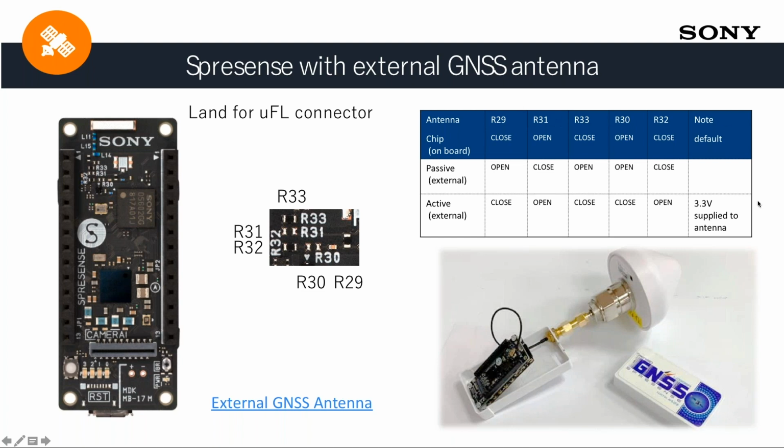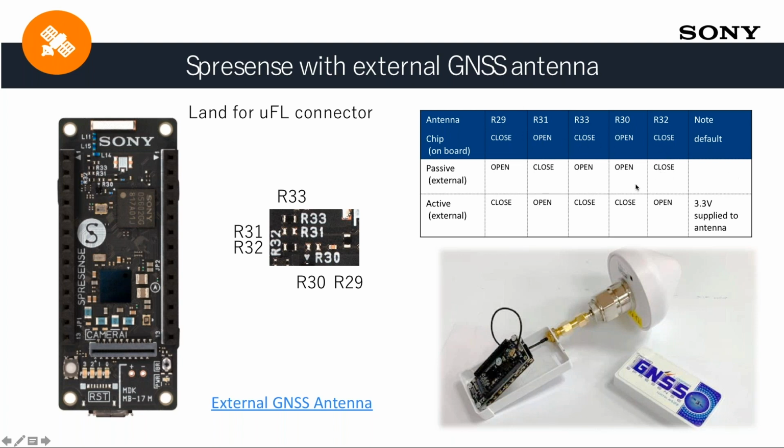And the table that you see here is that we have the antenna in two modes. It can be passive or it can be active. Passive means it's just accessing whatever is available. Active, you extend it and you boost it up to access the location and show you the longitude and the position of the GPS.